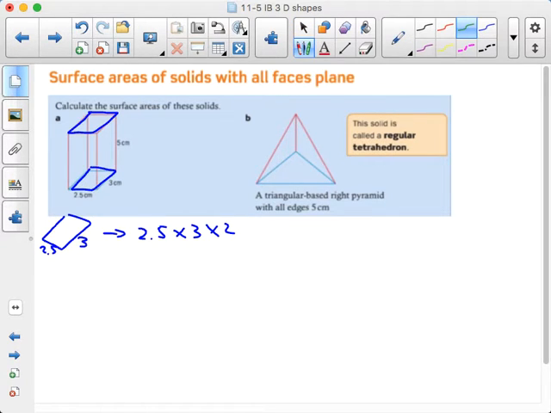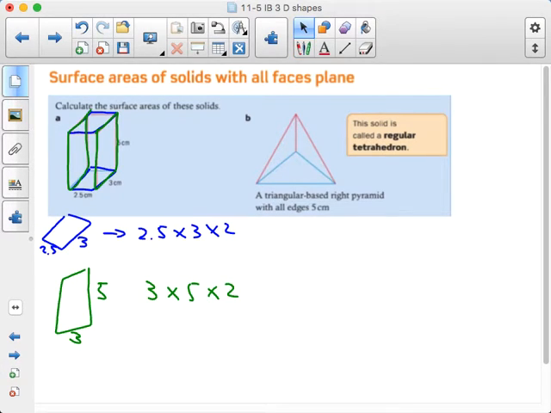We have another rectangle, right? One of the faces is right here and over here, and that rectangle, of course, is 3 by 5, right? So that's a 3 by 5 rectangle, and again, there's two of them, so I will do that.